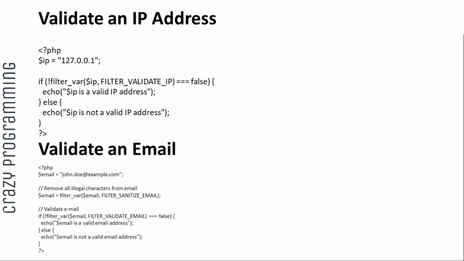And then I create the validation, that is if not filter_var, that is the email, comma, FILTER_VALIDATE_EMAIL is triple equals to false. Everything is the same. If this happens, then print email is valid email, or else email is not valid.